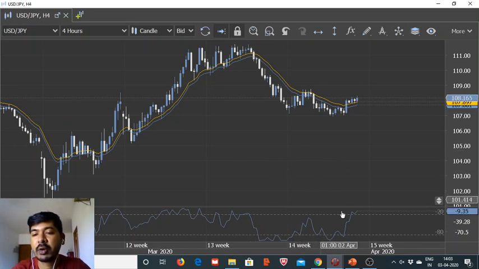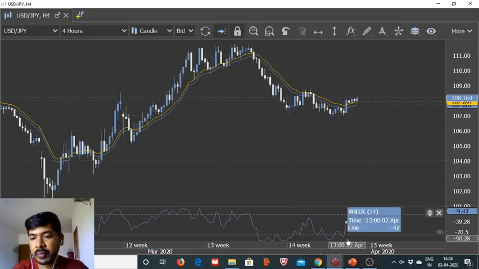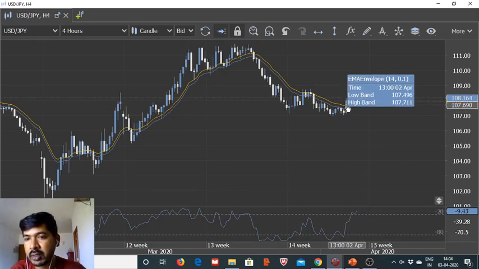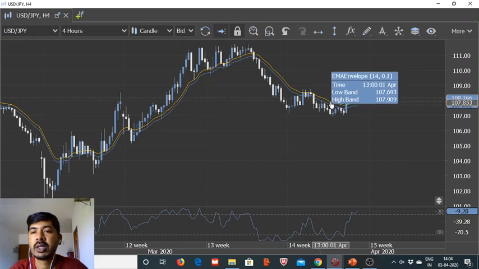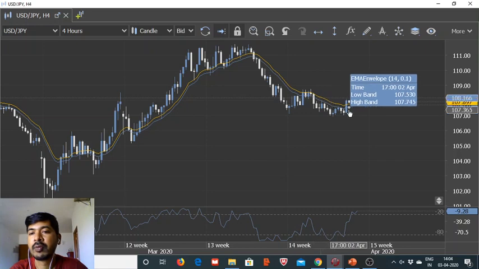And one more benefit of comparing the current value to the value shift 6 periods back is that our trading will be open. So here, as you can see, let us compare the values if the buy conditions will be fulfilled as per the EMA envelope. And here the value of high band is 107.71, and we go back to 13 GMT of 1 April. No, it won't be fulfilled.